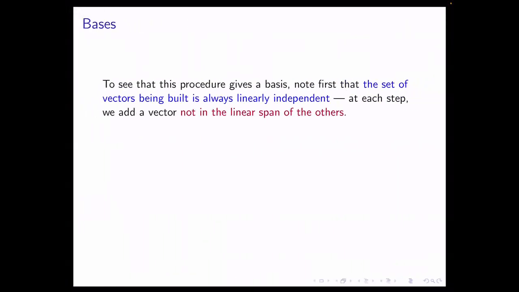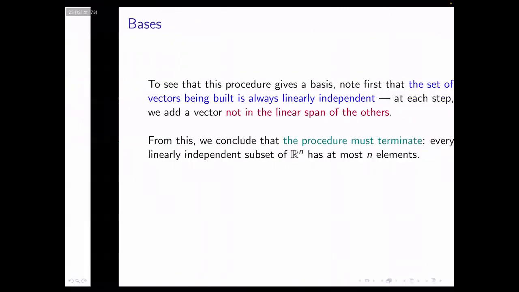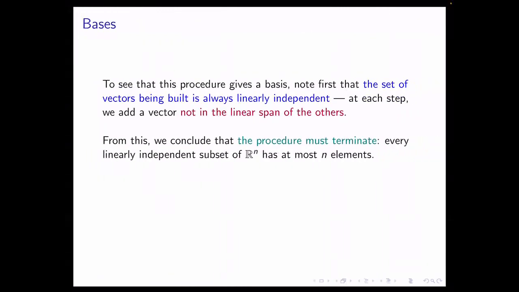At each step, we add a vector not in the linear span of the other vectors. From this, we conclude that the procedure must terminate because every linearly independent subset of Rn has at most n elements. The procedure only terminates once a spanning set for V is found.